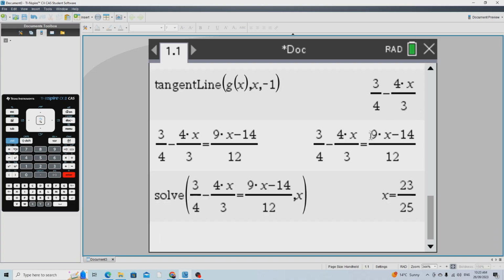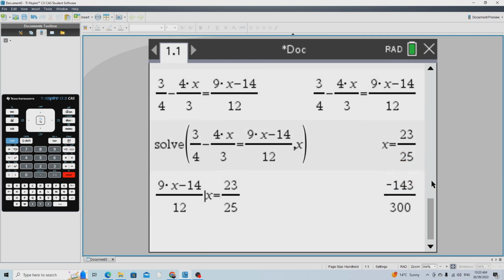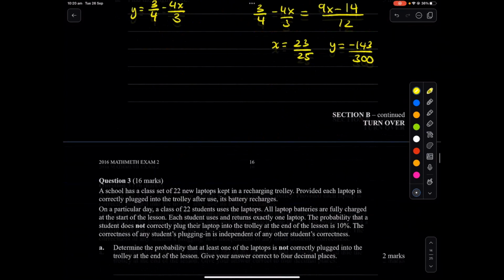Well, the y value we can just easily find by taking one of those equations and subbing in. So that'll be -143 over 300. So now we have both the point, and we can just use the distance formula.